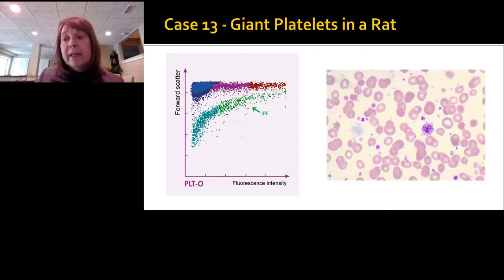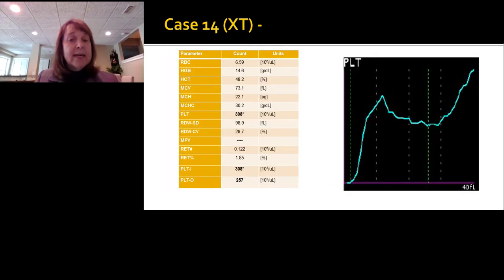All right, one more platelet in animals. Again, this kind of looked like the thalassemia example that we had from the London Hospital in people. So you can see we get these in animals too, where the platelet just doesn't go down to baseline and the red cell continues up from it.